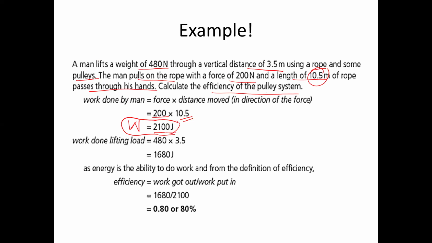And what is the amount of work done? Work is being done when the weight was being lifted. That work done is equals to 480 multiplied by 3.5. It will be giving us a work done of 1680 joules. तो हमने एफिशिएंसी फाइंड करनी है तो एफिशिएंसी इन टर्म्स ऑफ वर्क डन भी होता है तो आउटपुट वर्क डन डिवाइड बाय इनपुट वर्क डन so it will be equals to 1680 divided by 2100 and whole of the value multiplied by 100%.